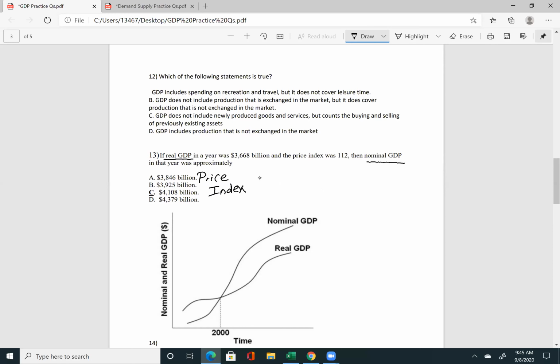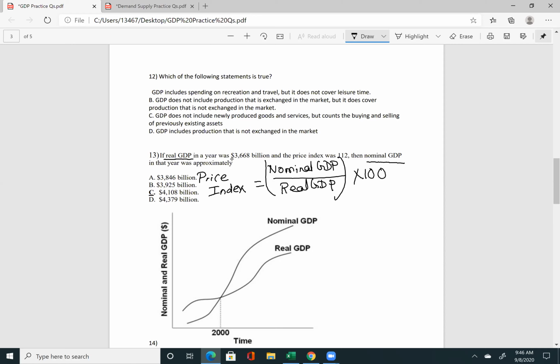Price index is defined as nominal GDP over the real GDP, the whole thing multiplied by 100.